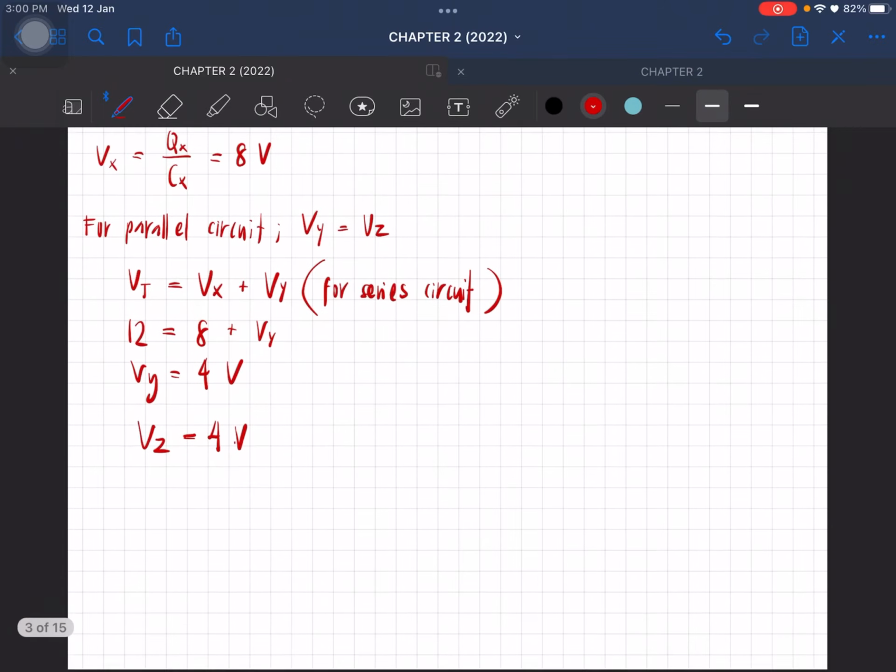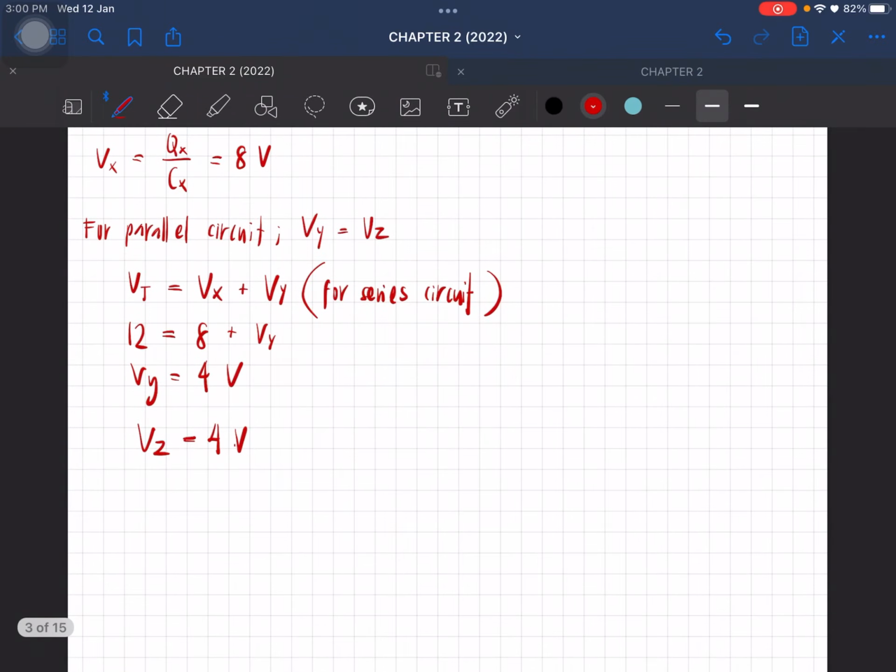Okay, so now we can calculate the charge magnitude. So for capacitor Y, QY is just the product of the capacitance of Y and the potential difference. So this one you should get 4 times 6 micro, which is equal to 2.4 times 10 to the negative 5 coulomb.